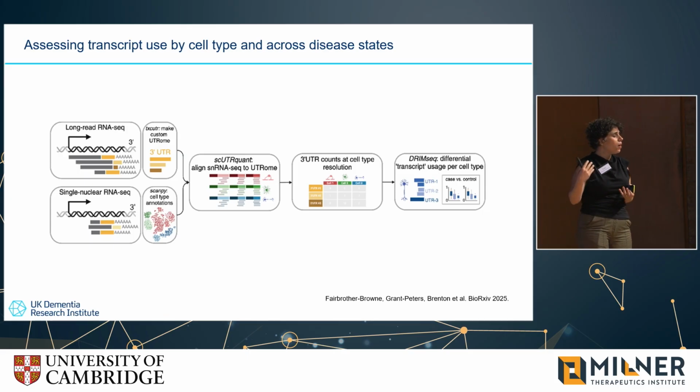We combine that data with single nuclear RNA sequencing data, to align our reads to UTRs, enabling us to do 3' UTR counts by cell type and analyze the transcript usage per cell type. So what does that show us?